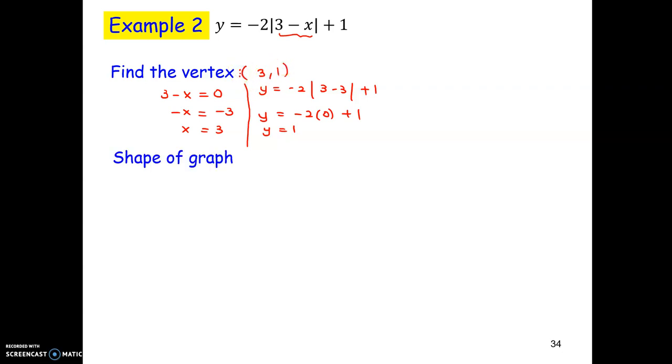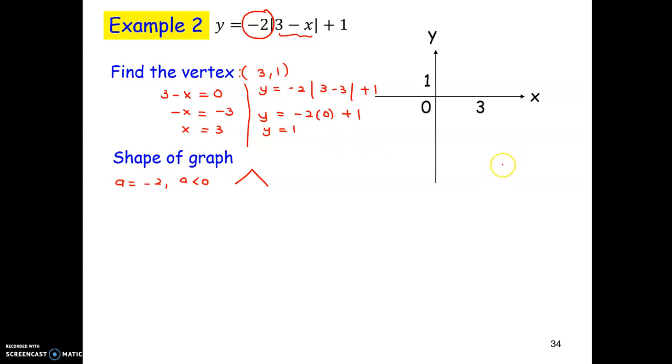So once we know the vertex, next the shape of the graph. As you can see, in front of the modulus, the value is negative. So a is negative 2, a is less than 0, so it should be a Λ. Okay, so let us try to draw the graph first, x-axis, y-axis.